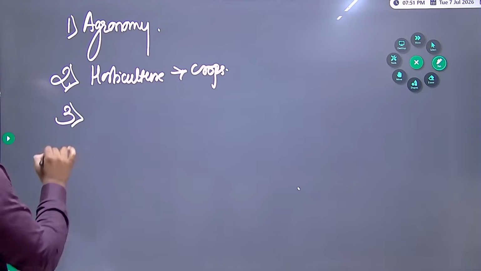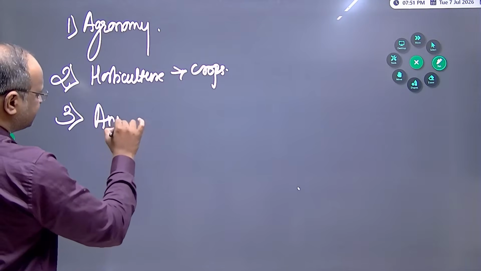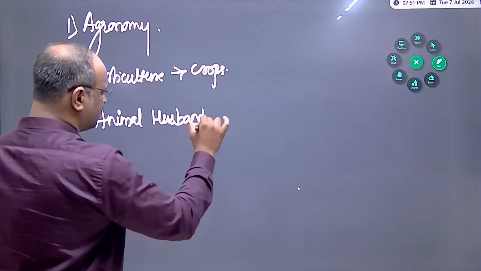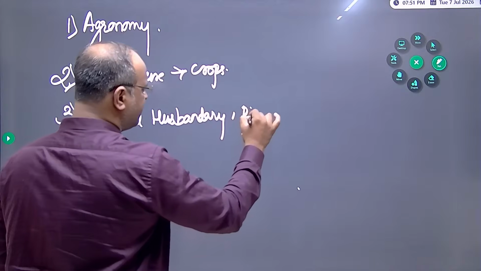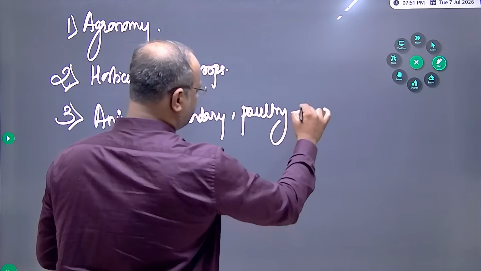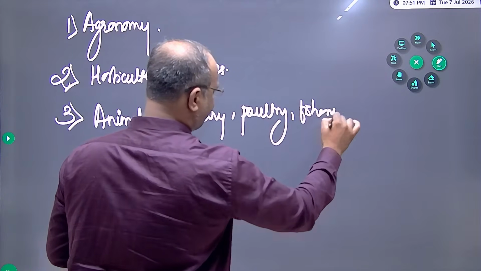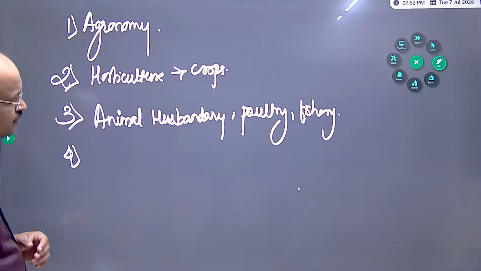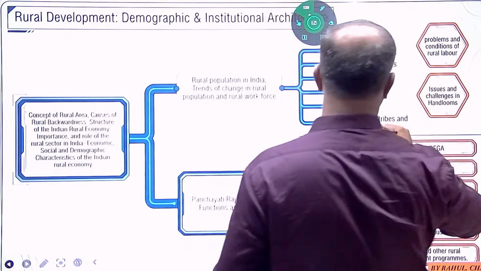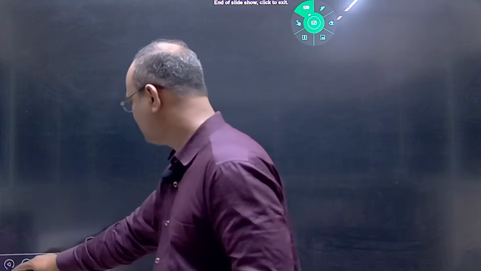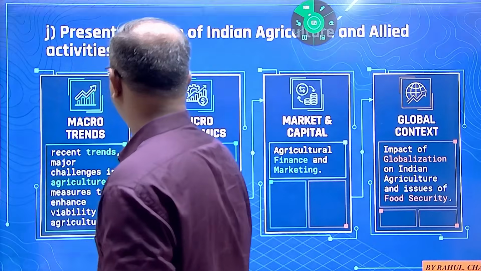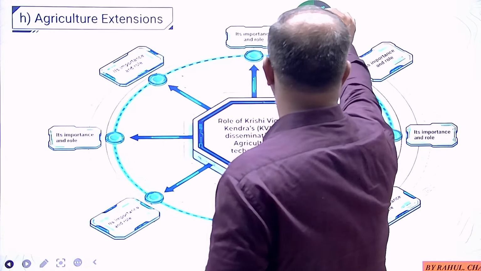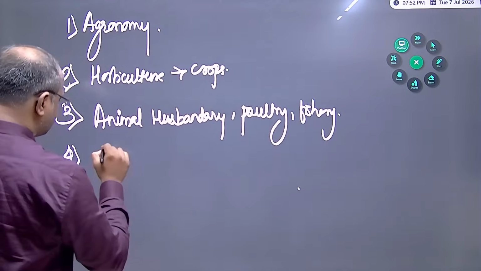Third is animal husbandry, that is livestock, poultry, fishery. Then the present scenario.